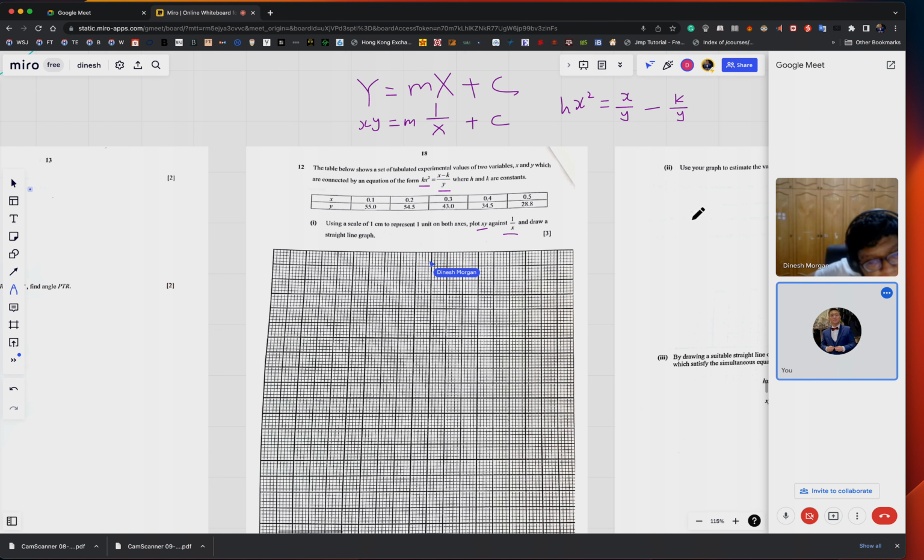The smart step is to multiply by y throughout, then you will get this. Then you divide by x on both sides.